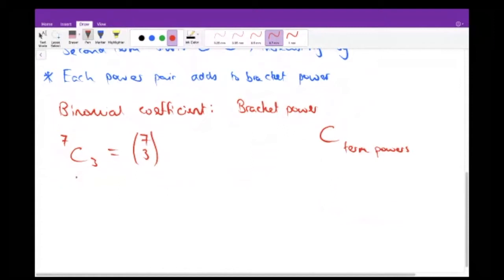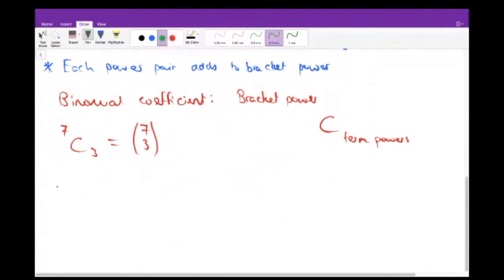So let's look at this binomial coefficient and ways to calculate it. Well, there are 3 ways that you're going to use to calculate it, and I'm going to recommend each one in individual ways. So first one, calculator.